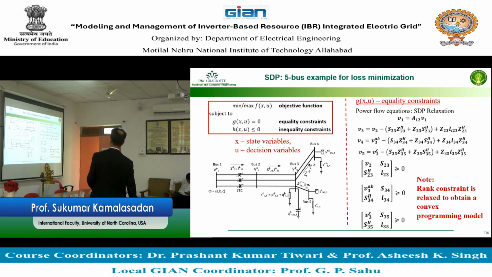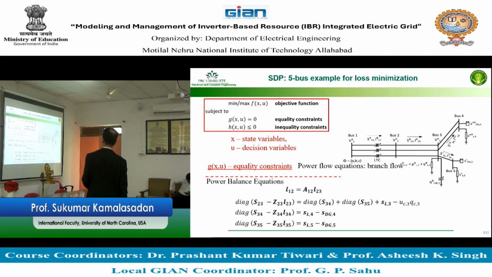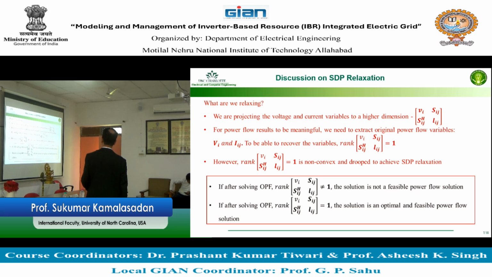So with our same 5-bus example, this is the rank for each of those. After you find the power flow equation for each of the buses, you write it out and relax it, projecting the voltage and current variables to a higher dimension.